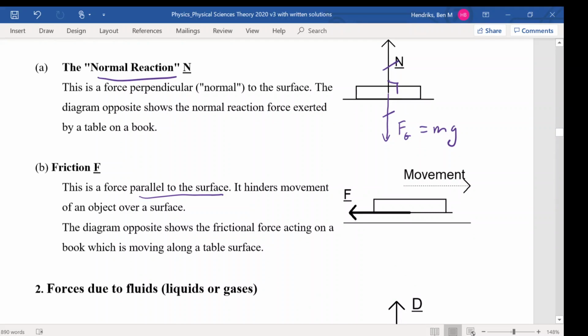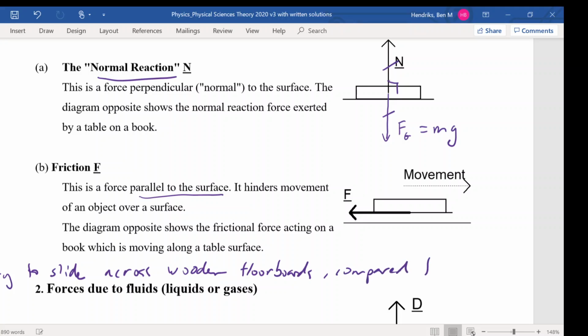Another example that you might be familiar with is if you were trying to slide across a floor, let's say wooden floorboards, compared to carpet.